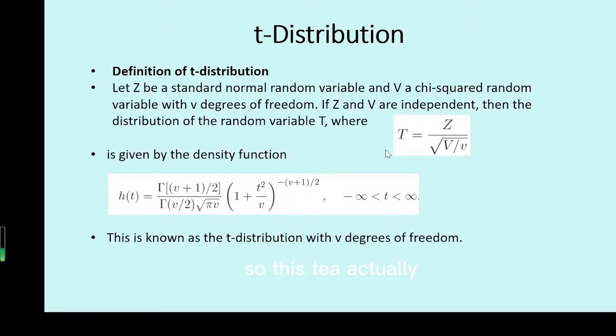So this t is actually the division of two parts: a standard normal variable divided by the square root of a chi-square variable over its degrees of freedom. So this term has a t-distribution.